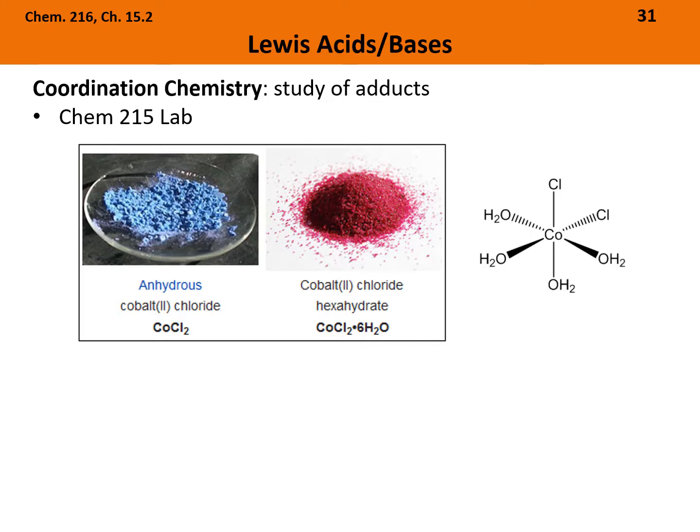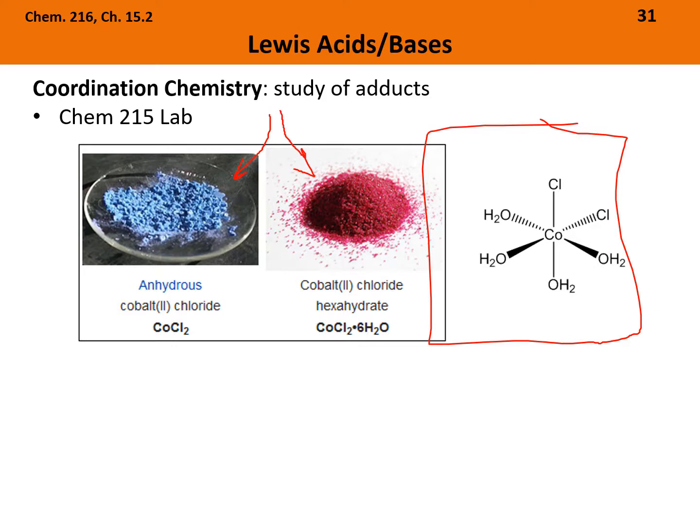You saw this in Chem 215 when we did an experiment where we had CoCl2, we mixed it together with water, and we got this compound, CoCl2 hexahydrate. So we ended up with something like this, right? That had a central cobalt, and all of these were ligands, okay?